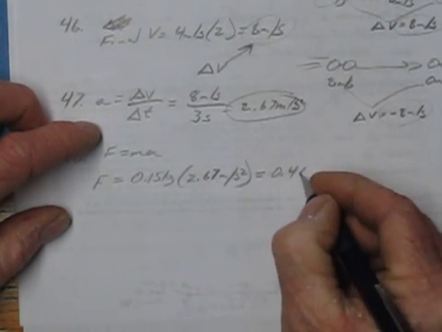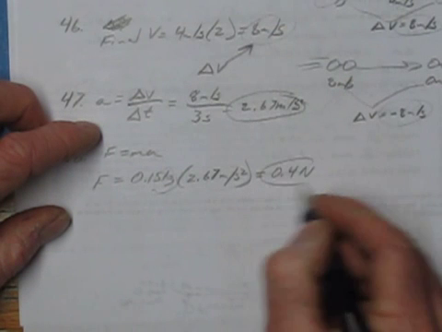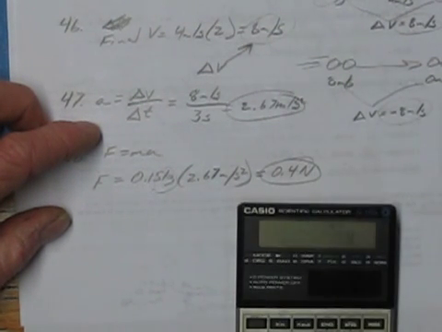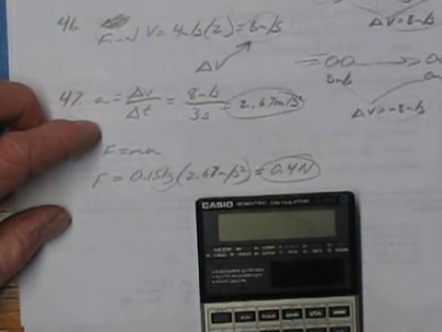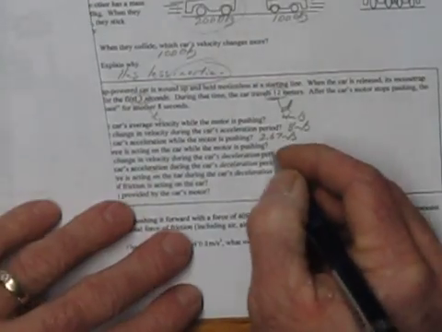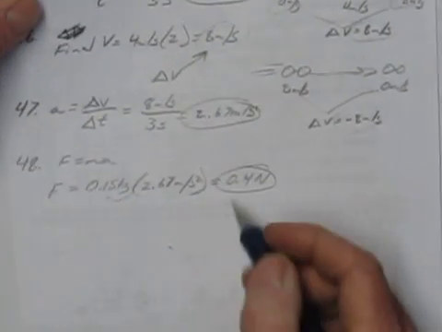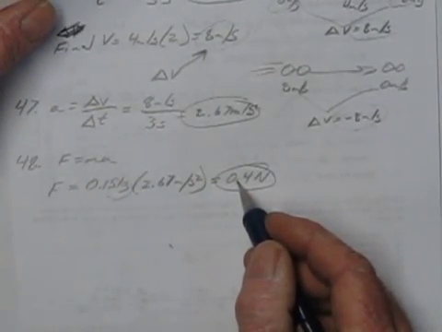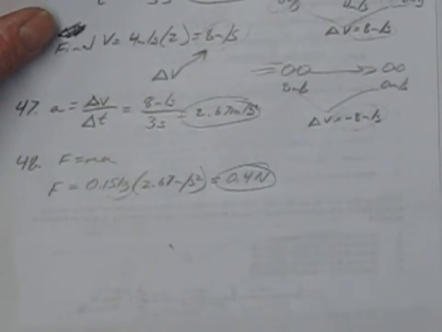And the units of force that we always use, assuming we used kilograms and meters per second squared, are going to be newtons. Let me check that. That just seems too good to be true. Nope, not too good to be true. 0.4 newtons. If you get a point, put the 0 and then the decimal point and then a 4. If you just do the decimal point, somebody might not notice that it's there.